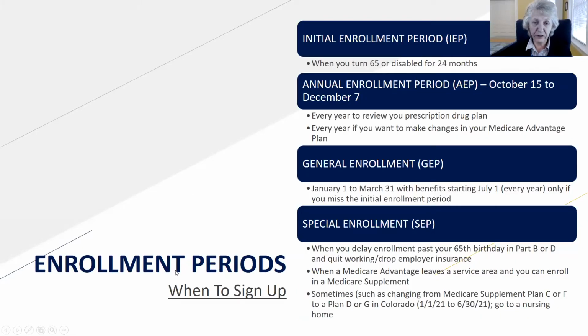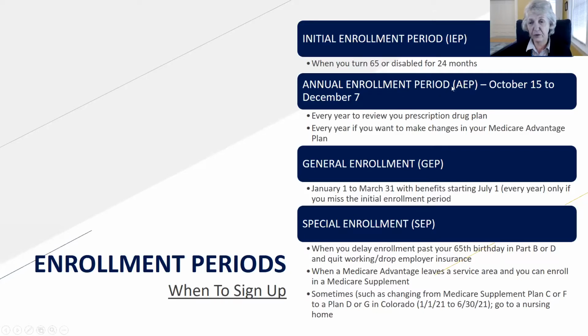We want to spend most of our time today on Medicare enrollment periods, and that is when to sign up. So we have an initial enrollment period, or an IEP, which happens when you turn 65, or if you have been disabled for 24 months. We have an annual enrollment period, which happens from October 15th to December 7th.